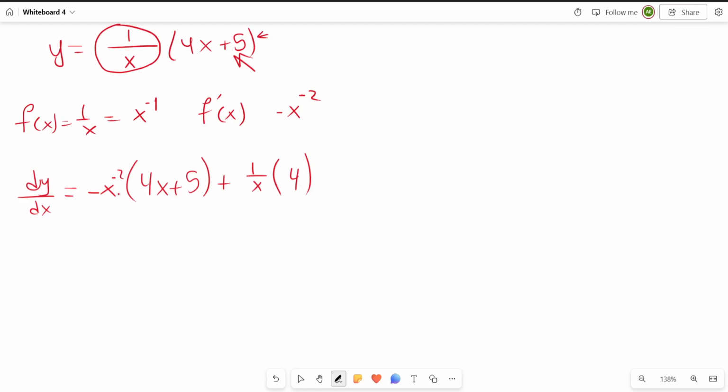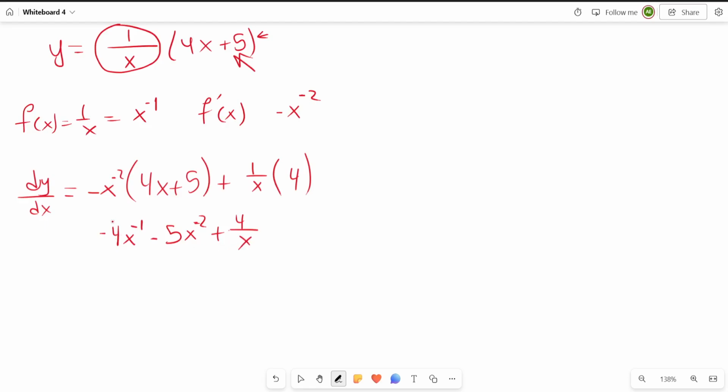So let's simplify. Negative x power negative 2 times 4x is basically negative 4. X power negative 2 times x, we add the powers, so negative 2 plus 1 is negative 1. And then negative x power negative 2 times 5 is negative 5x power negative 2. And then we add to that 4 over x.